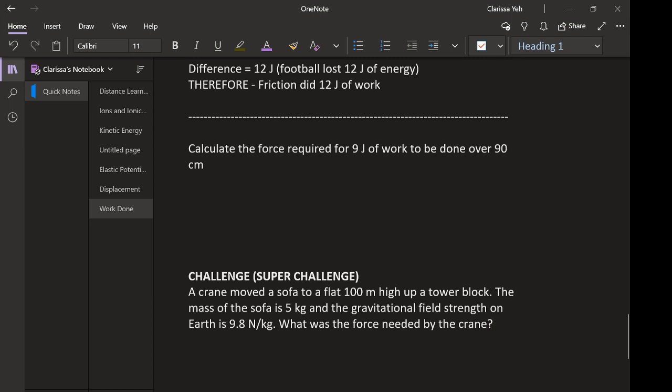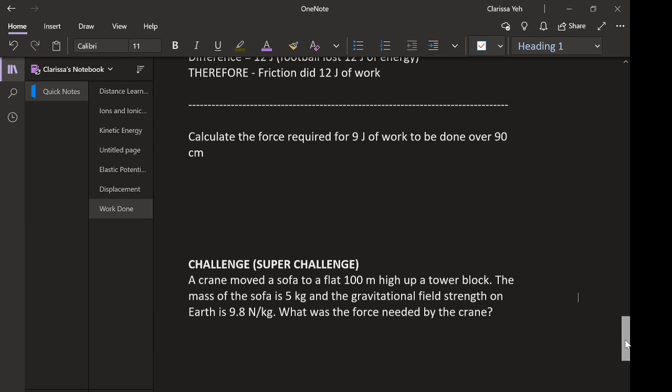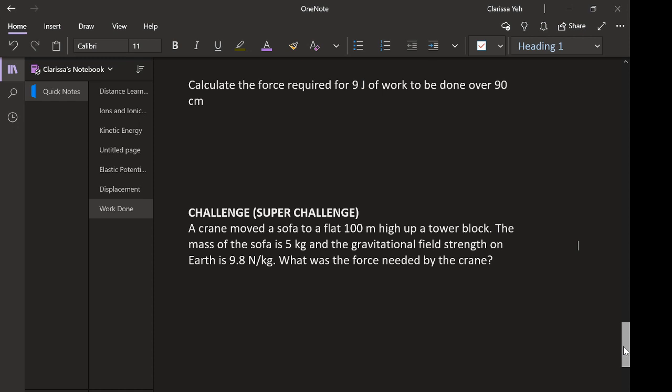There we go, my super challenge is up as well. Let me just scroll down so you don't see. There we go. So the super challenge is less of a super challenge because of the maths and more of a super challenge because you really have to think your way around it.